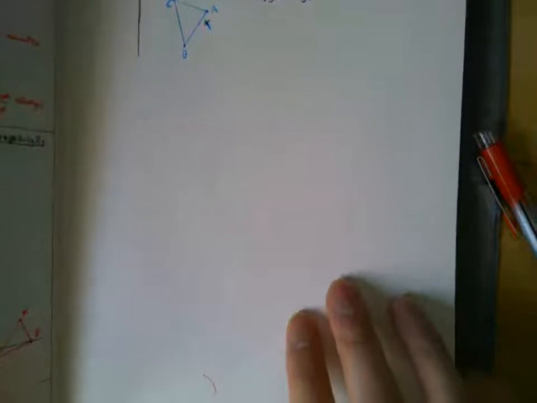Okay, so let's do another example. I'm going to do at least 3. So number 2. Let's do our second example here. Let's take a look at a quadrilateral. So basically a square, right?